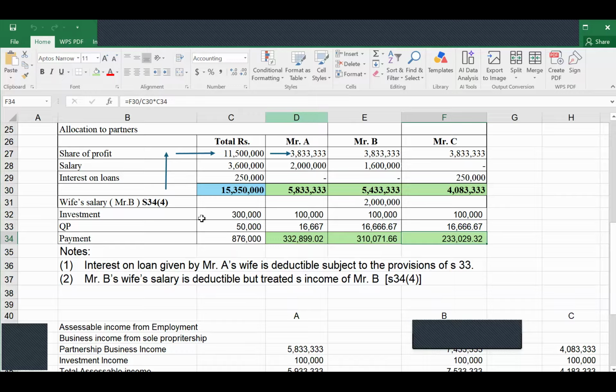But in the hands of the partner, we should consider this 2 million as a part of the income of Mr. B, because it is a splitting of income. Since he is the partner, he paid salary to his wife, so we have to add it into B's income tax liability. So that is what I wanted to tell you.